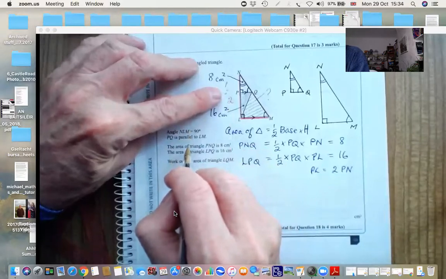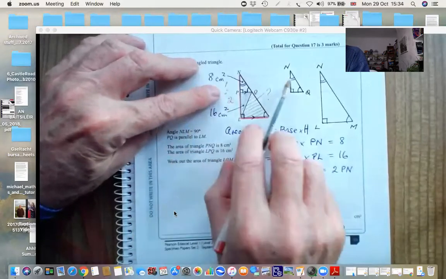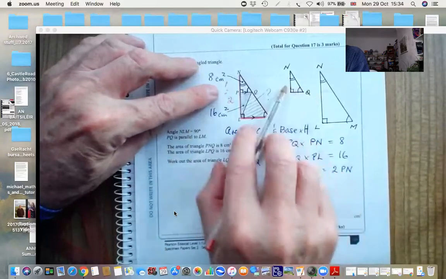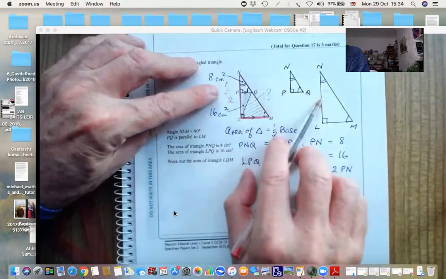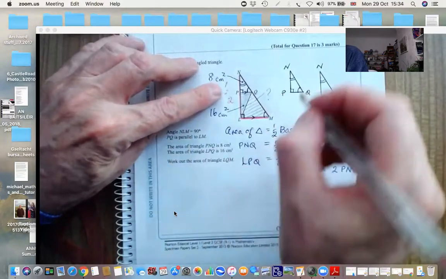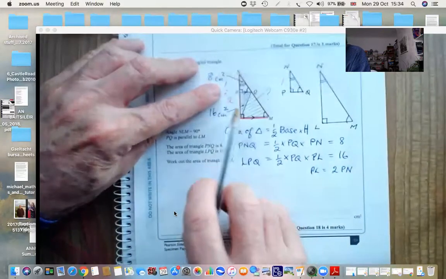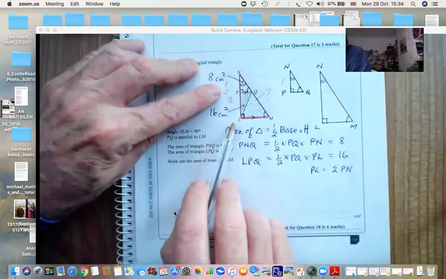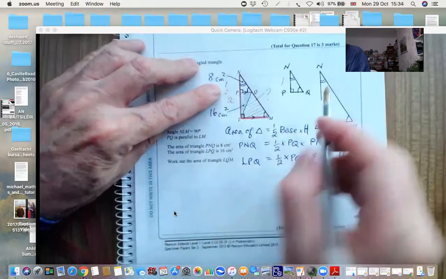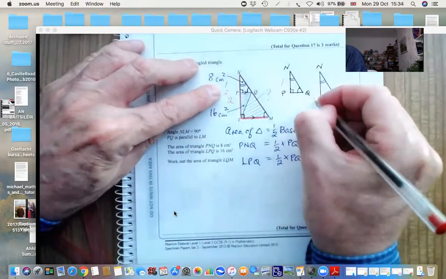Well, we would really like to get a comparison between these two triangles. And by thinking about it carefully, if PN is 1, then all the way from N down to L would be 3.